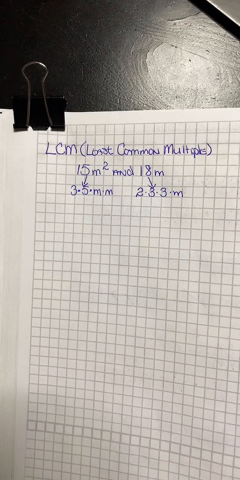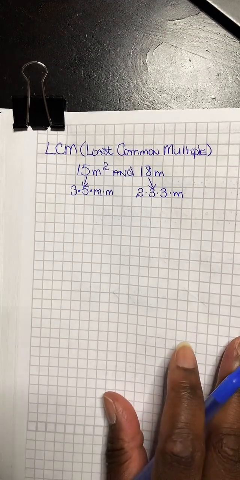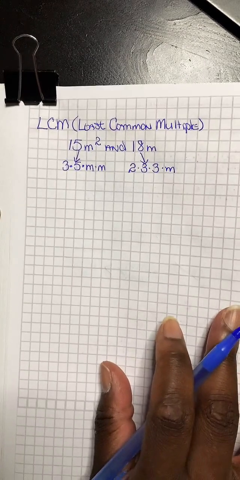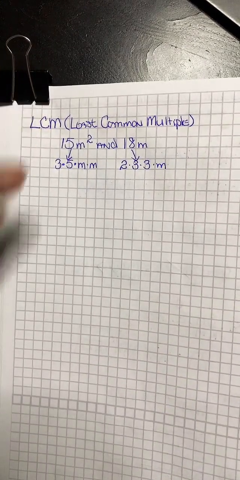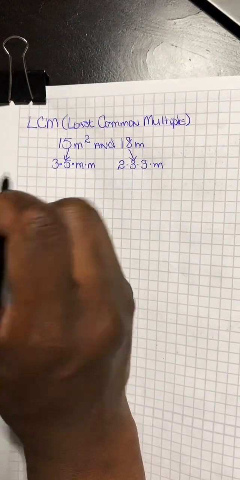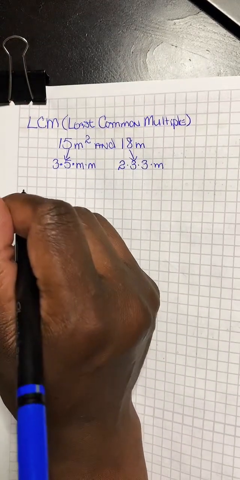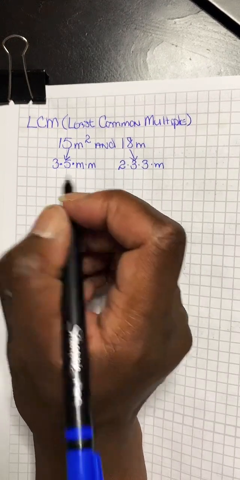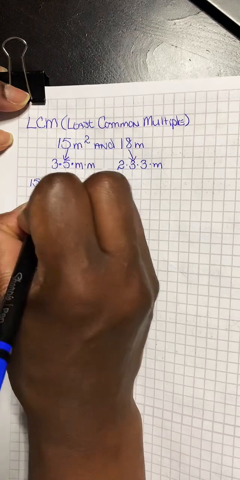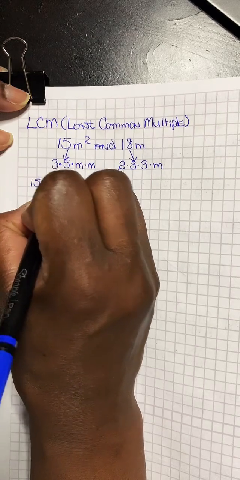Okay? So if we think about it, let me do it this way. Let me unshrink a little bit, because I think you're like me. You need to see it. So, if I think of the 15 times table, we got our 15, that's my 15 times 1. 30.